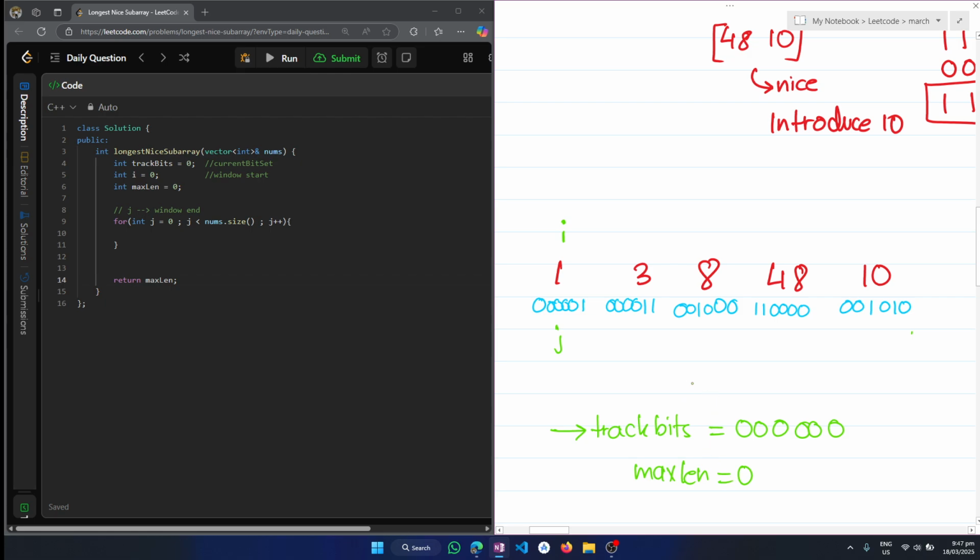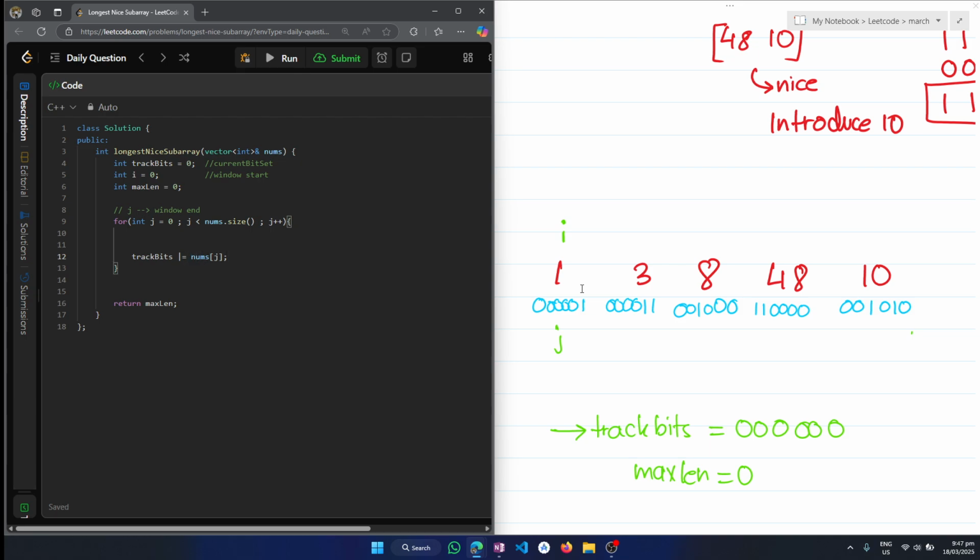What is the first thing that I do? I'm going to introduce one number inside my window, right? How am I going to do that? I'm going to say track bits OR nums of i, isn't it? Or not nums of i, actually nums of j, because from j I expand my window. Now we only need to know how exactly we do OR. The way to do that is: track bits is equal to track bits OR nums[j].